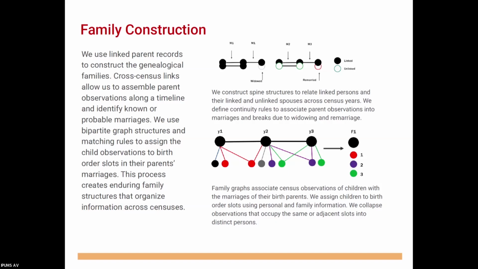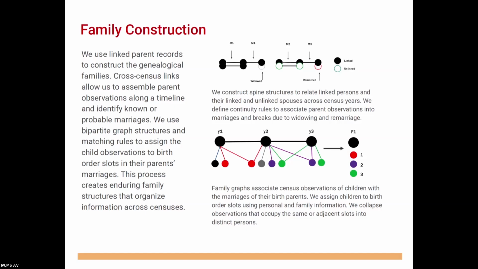And since we're looking for birth relationships, widows and widowers, there's a rule process to determine which distinct marriage the children belong to. The second part is to relate the child observations to the marriages that we've discovered in the first part.